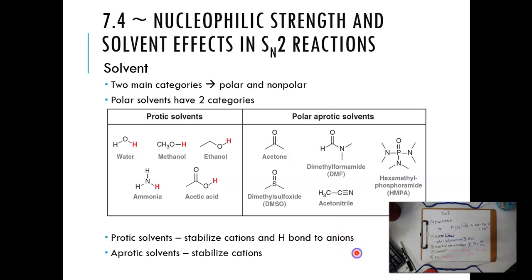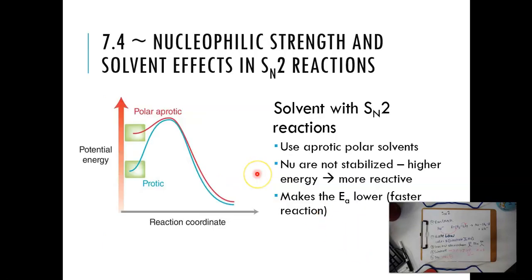So in our SN2 reaction, we want to use a polar aprotic solvent. And our reasoning for that is because it doesn't stabilize anions. Our nucleophile is going to be an anion, and we don't want it to be stabilized. We want it to be reactive. If it's stabilized by the solvent, that's going to make it less reactive.